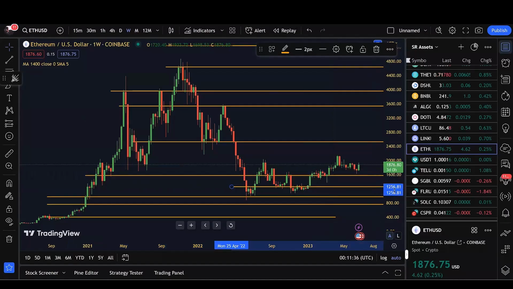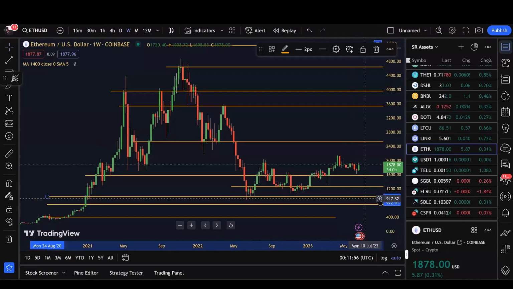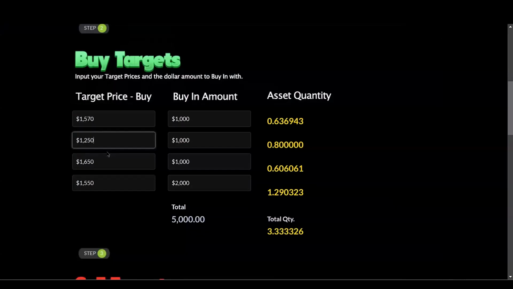Our second buying amount will be 1,250. Our third buying amount will be 970. And our fourth buying amount will be 750.